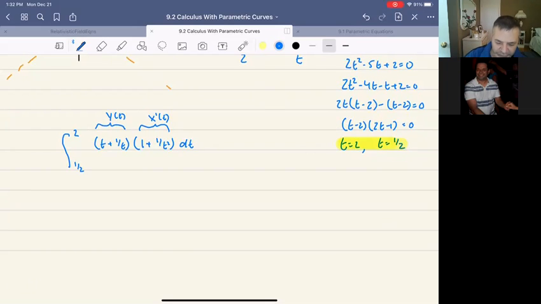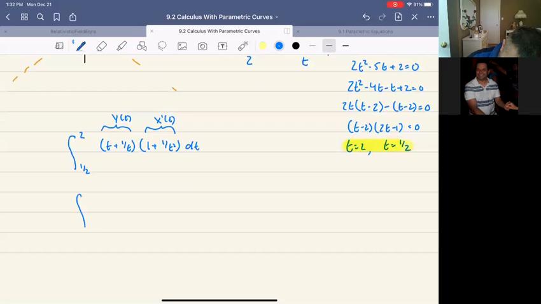Let's just multiply it out: t plus 1 over t plus 2 over t, so that's 2 over t, minus 1 over t cubed dt.